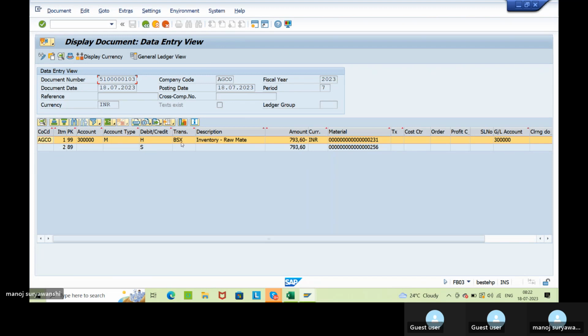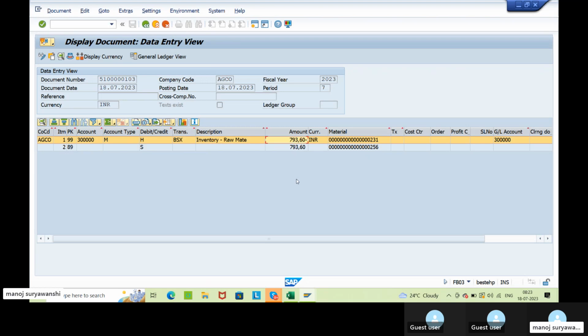So you see here BSX means inventory. So inventory of this material 231 is reduced by 793.60 and it is added to this material stock account. तो एक मटेरियल के स्टॉक अकाउंट में से इतना वैल्यू माइनस हो गया और दूसरे में इतना वैल्यू प्लस हो गया.